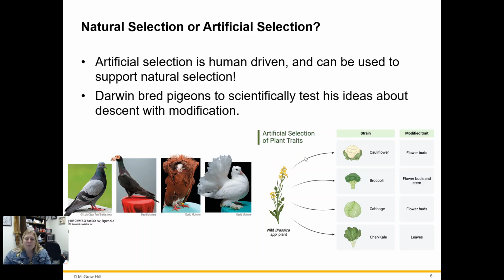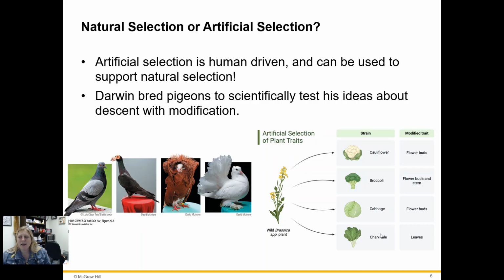Okay. People have been doing this without even thinking about it forever. The plants and things that we consume in agricultural purposes did not always exist in the way that they were. Humans chose traits that they liked and cross-pollinated those plants. They allowed those plants to grow. They cultivated those plants, which is why we have the brassica species plant that actually is the basis for cauliflower, broccoli, cabbage, and kale. Those all are the same kind of plant that have been bred for these unique traits.